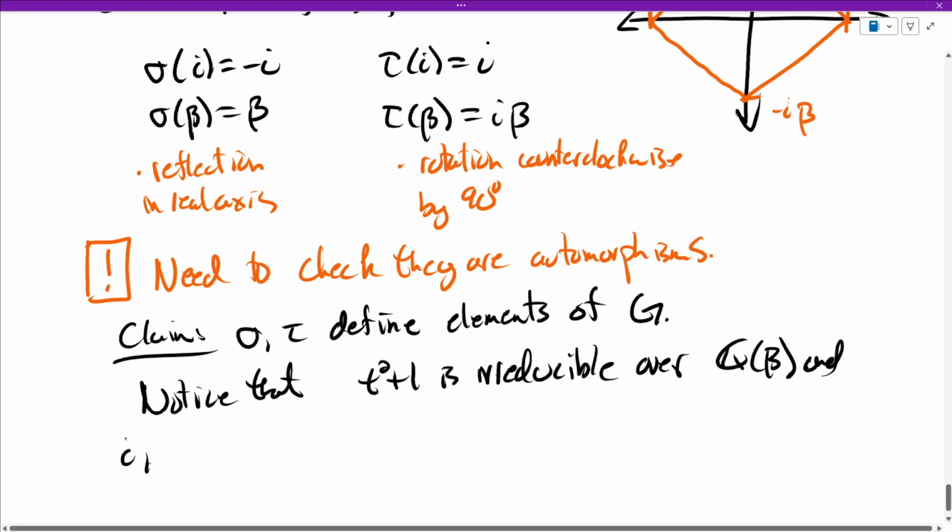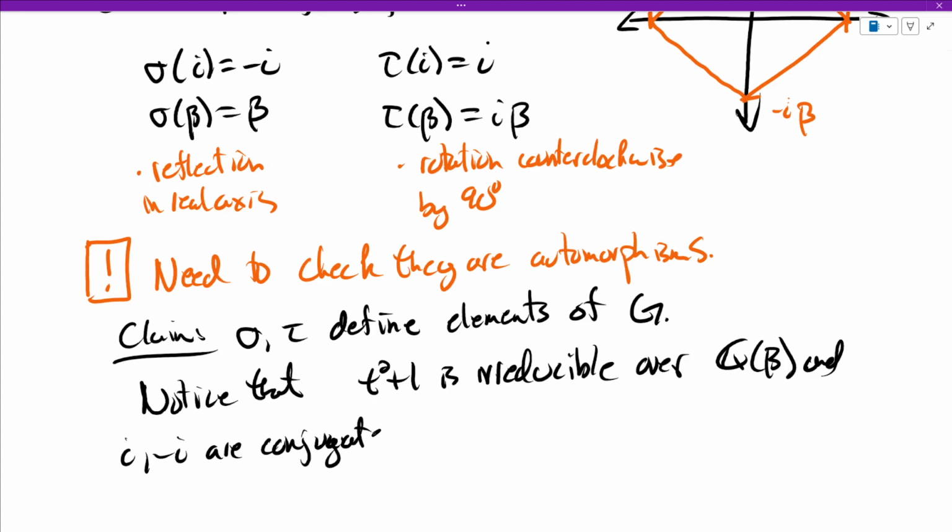And we've seen that if we take conjugate complex numbers and we adjoin them to a field, then there exists an isomorphism from one to the other, which is the identity on the base field.